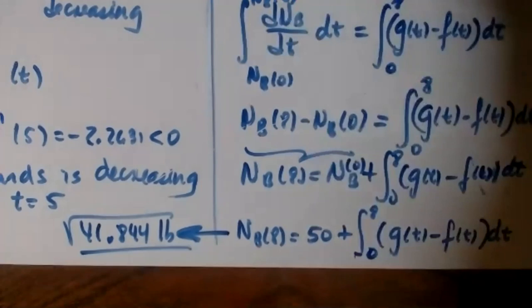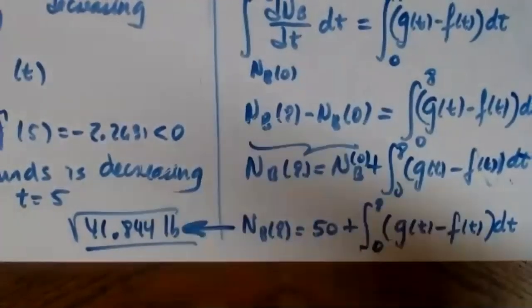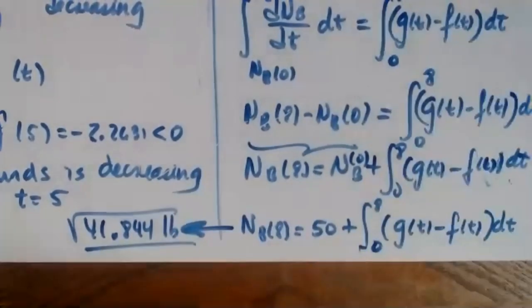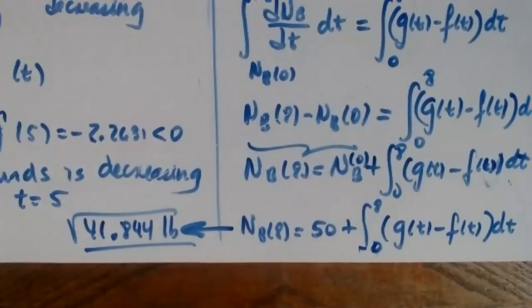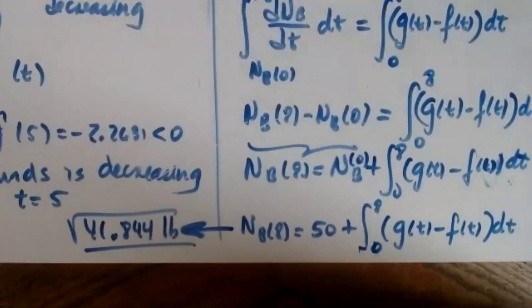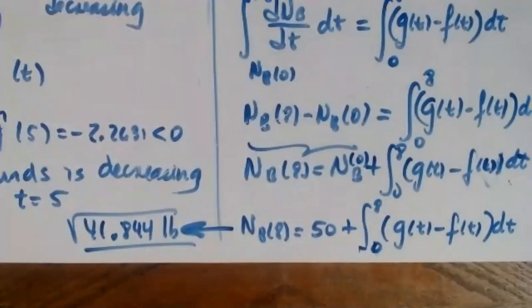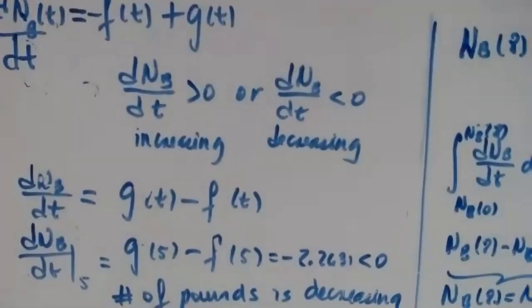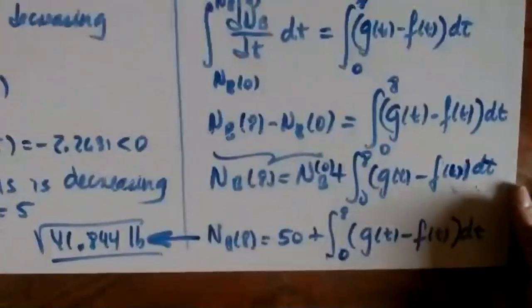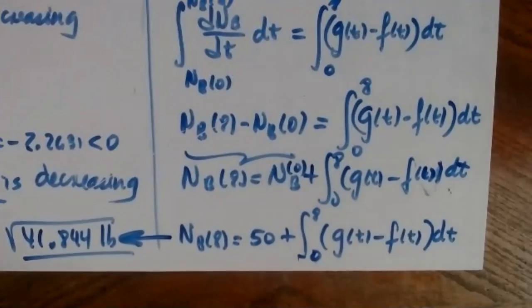But I hope that you notice that pretty much all of them are the same. You have to find a function that is the derivative. They give you a rate of change, the derivative of something, so you have to integrate to get the number of something you have to determine. Then increasing or decreasing is determined by whether its derivative is positive or negative. So not a big deal, but concepts, okay?